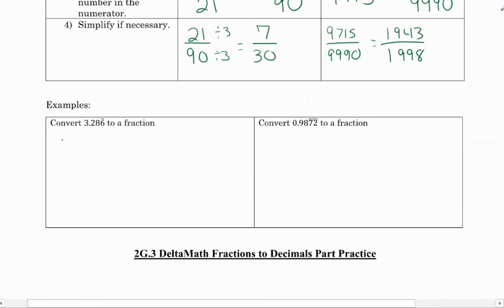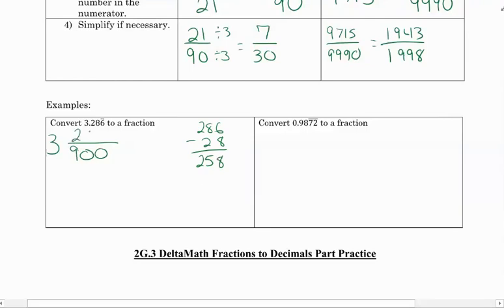All right, so looking at our last 2 examples here, I have 3.286 repeating. So I'm going to just pull that 3 out in front, and I'm not even going to think about it. So in my denominator, I see I have 1 repeating digit, 2 that are not. And then if I have 286, I want to subtract 28. Okay, and that would give me 258.